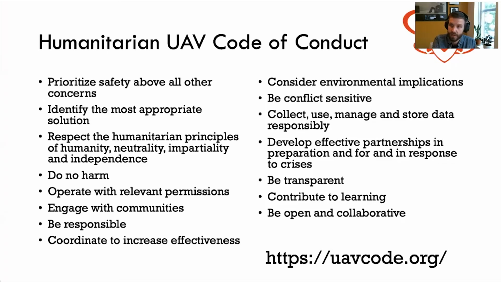A lot of this is stuff you're already familiar with if you're a Red Cross volunteer: identifying an appropriate solution, doing no harm, making sure you engage with communities, and being responsible both when flying, when managing the data, and when establishing partnerships. If you're interested, you can read more on their website. I think it has some really good guidelines and things to think about when flying drones and doing humanitarian work.